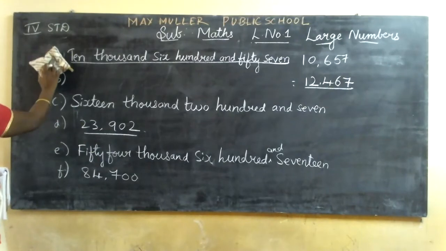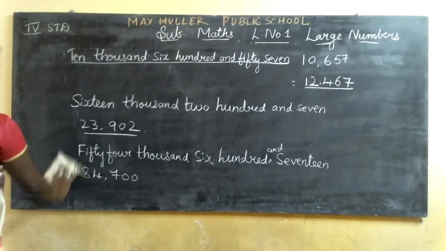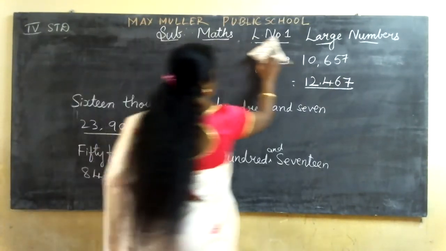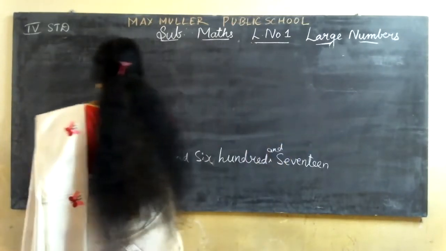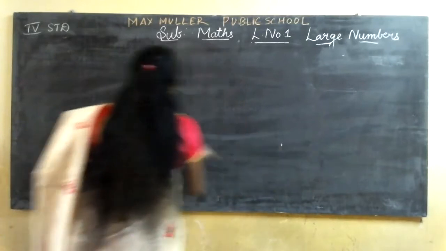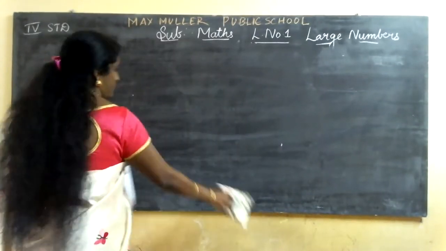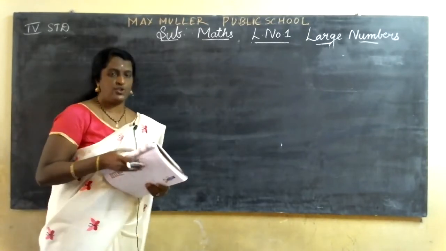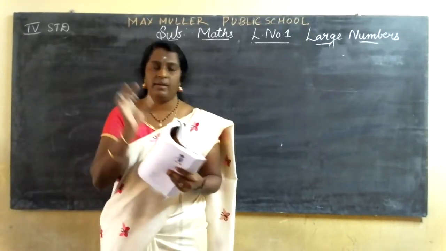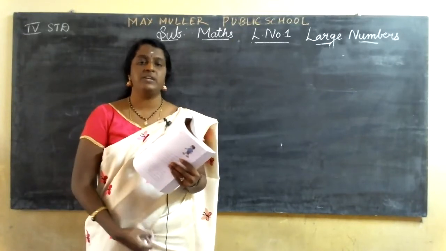Shall I wrap? Page number 94. Those 3 also you should write. See, H1, they have given numbers. 63,101.